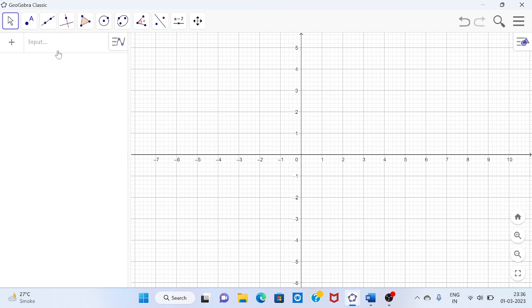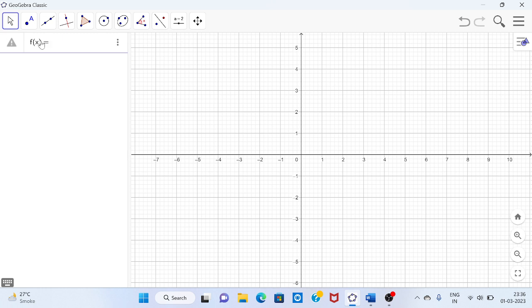We have to define those functions in our input area, which is right over here on the left hand side. Let's input them. Click here, give the name f x equal to. The first function, we will define the linear function.